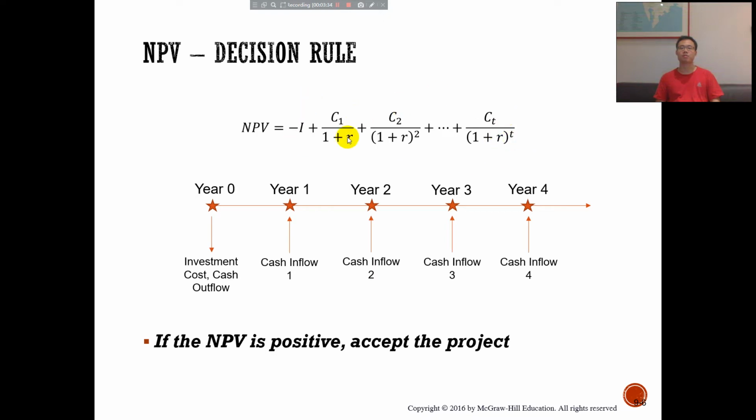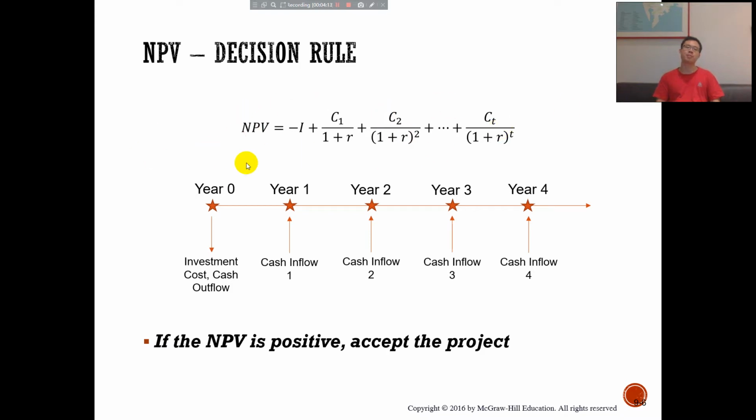In this example, T will be 4. For the 4 cash flows, C1, C2, C3, and C4, we discount them by the corresponding (1 + r) to the power of 1, 2, 3, or 4. The sum of them will be the value of this project. But the word net in NPV indicates that we need to subtract the initial investment I from this value of the project. And this is the NPV calculation formula.